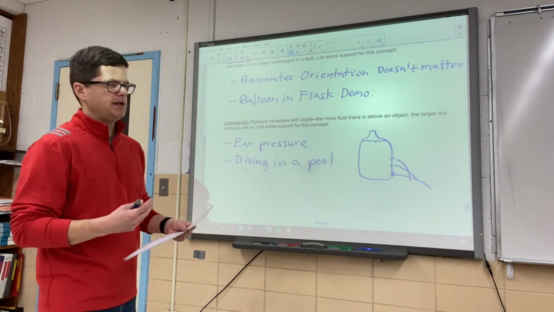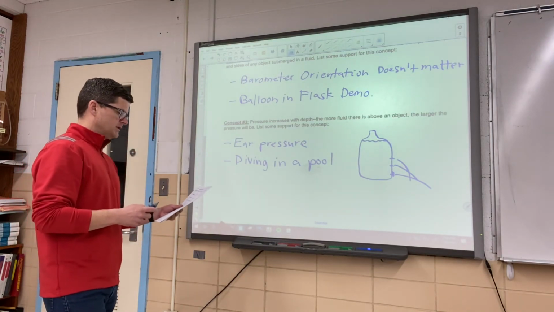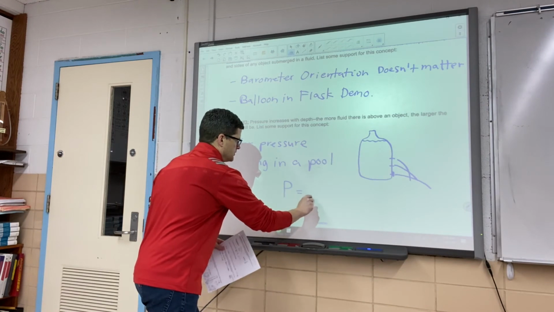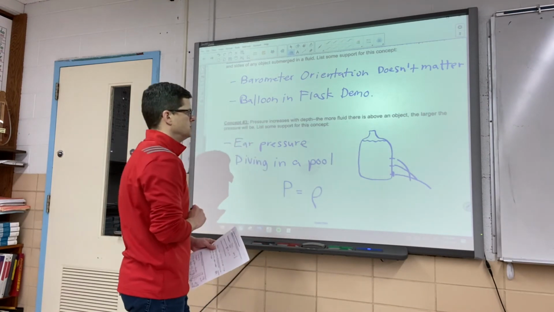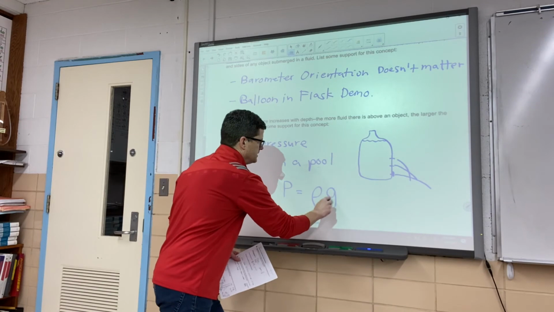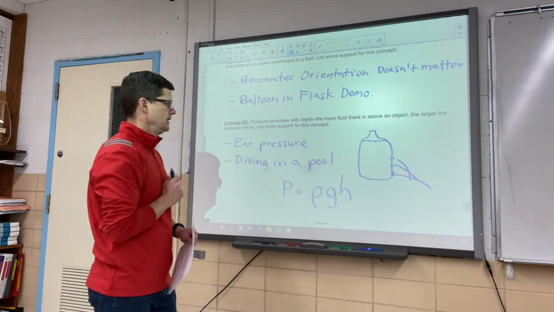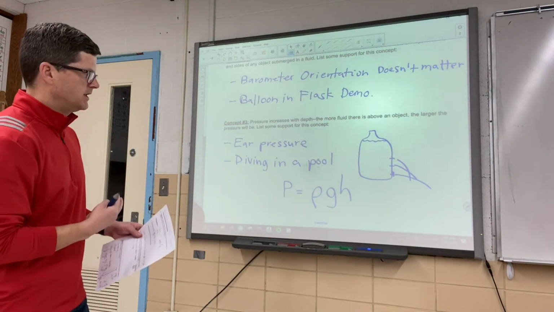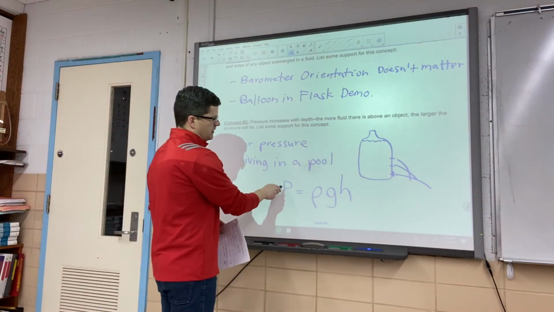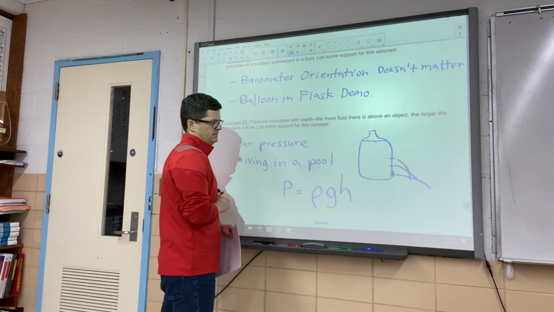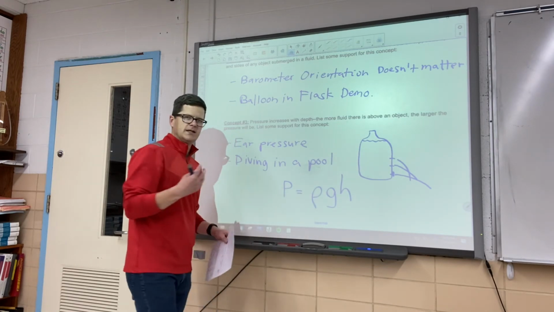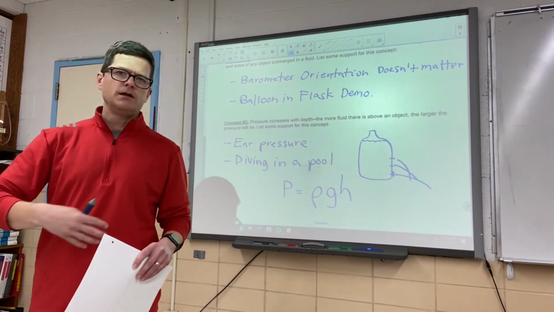actually calculate the pressure at depth is often written that pressure equals rho, which is a Greek symbol, times g times h, okay? This is something you can look up as a proof, but basically what it says is the pressure at some depth h will equal the density of the fluid that you're studying, whether that's air or water.